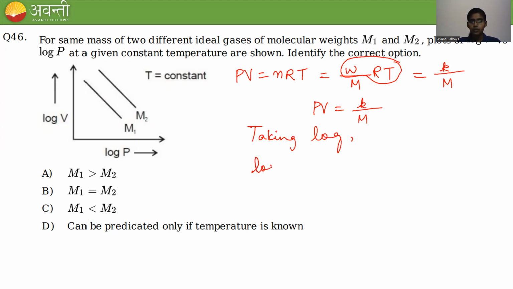Since they are in multiplication, you have to put a plus. So log P plus log V is equal to log of K by M.